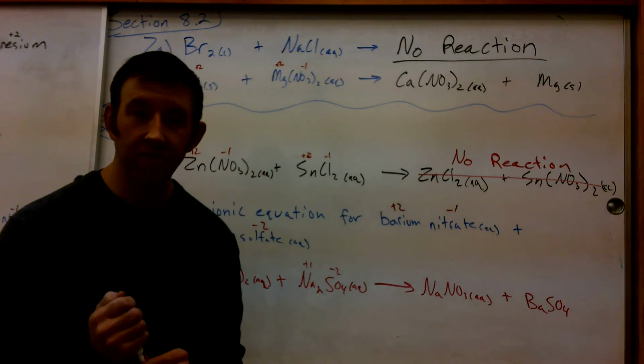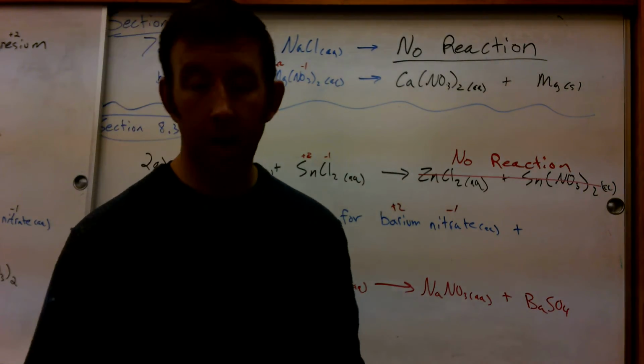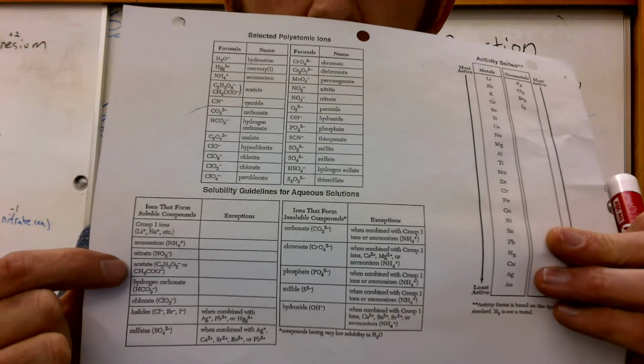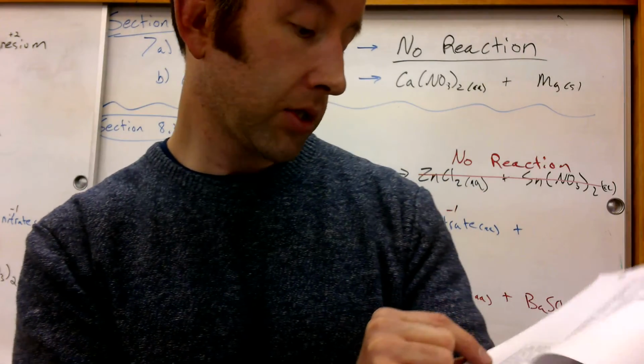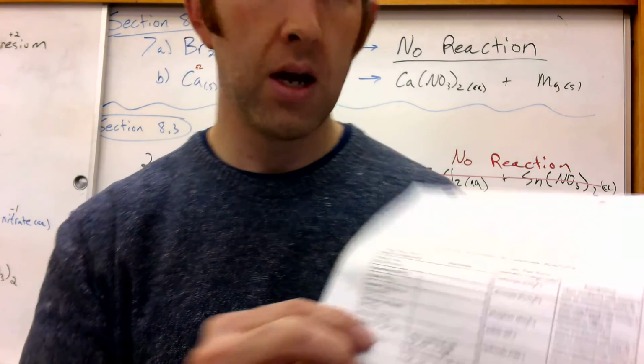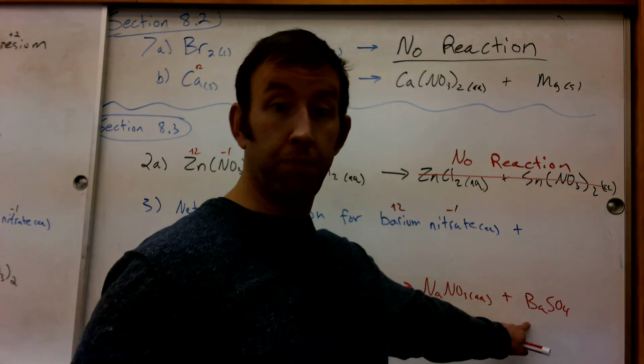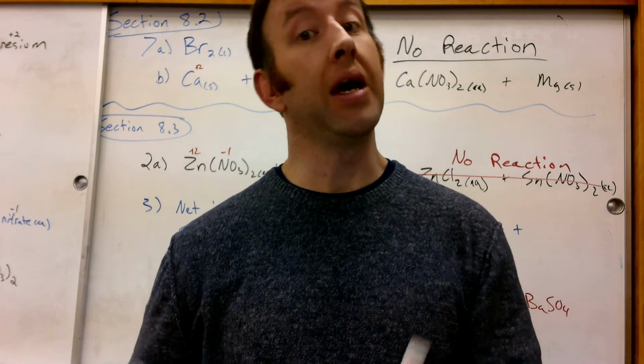Now, we haven't looked at sulfates yet, so let's look at where sulfate is located. So we're going to look for some information about barium or sulfate, and I see we got some stuff about sulfates right here. So sulfates is in our usually aqueous column. But sulfate in this case is with barium. So is barium an exception?